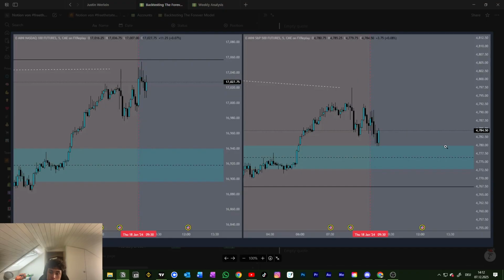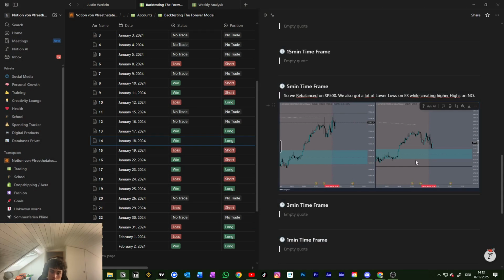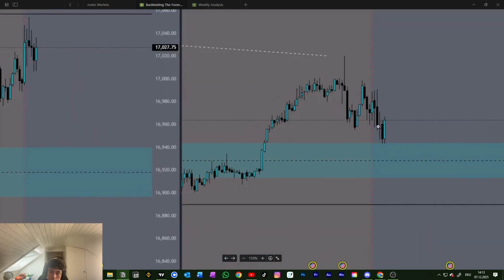And on ES, we hit the high time frame fair value gap, and we really just dipped it, and that's usually an indicator that we still want to go higher, because we dip the fair value gap and instantly get out of it with the next move.